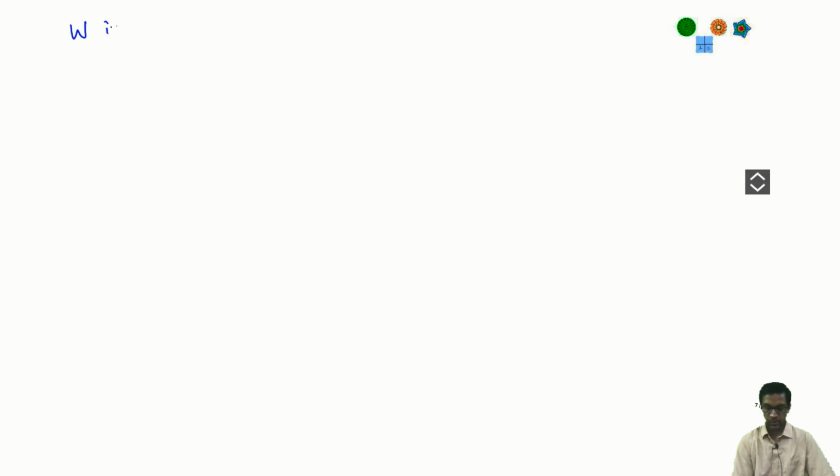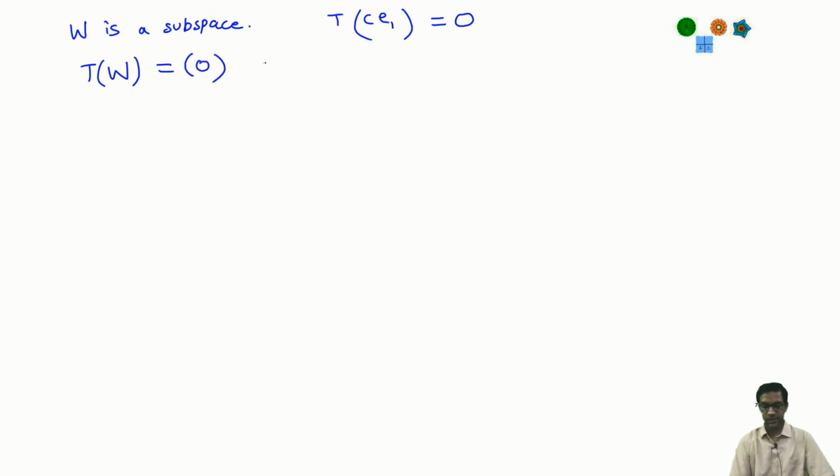Note that W is definitely a subspace. That is clear enough, but in fact if I take an element of W and act T on it, what's an element of W? A typical element looks like C E1, and if I act T on it, by the definition of T, that is just 0. So T of W is just the 0 subspace.